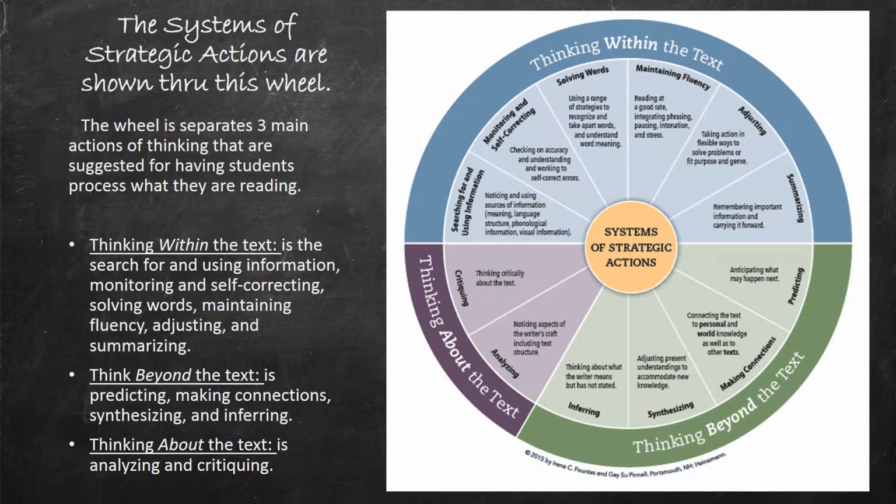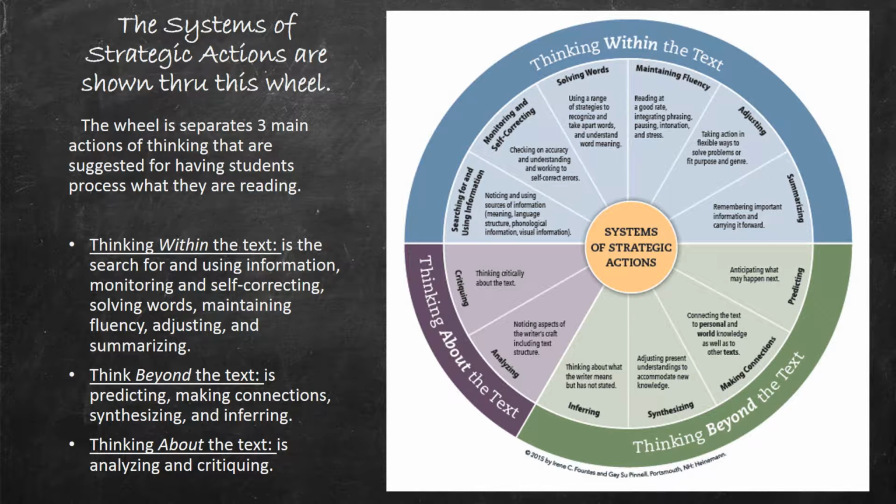Now, in the book, on the front cover, if you were fortunate to have this copy, there is this very colorful wheel. This is how Fountas and Pinnell have broken down what they consider three main categories of how to break down a text and get a child to process the text in a different way.